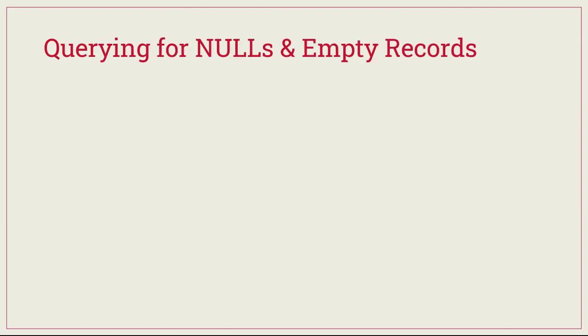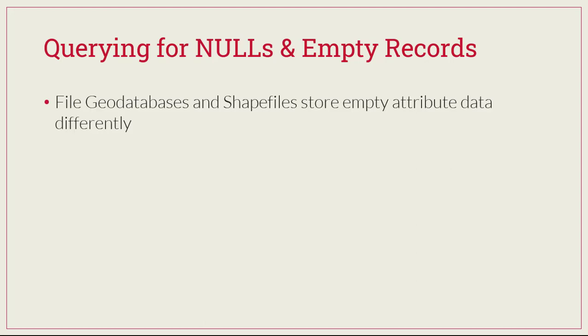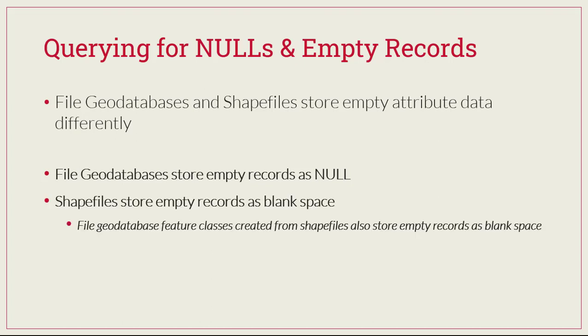So let's talk about now querying for null and empty records. Those are our records that have nothing in them for a particular field. The thing to remember here is that file geodatabases and shapefiles store empty attribute data differently. File geodatabases store empty records as null, and shapefiles store empty records as an actual blank space.